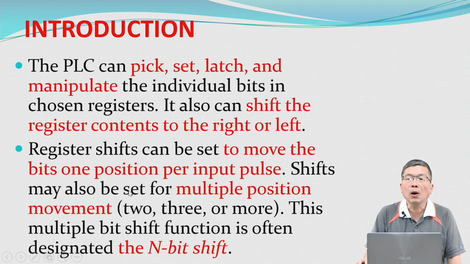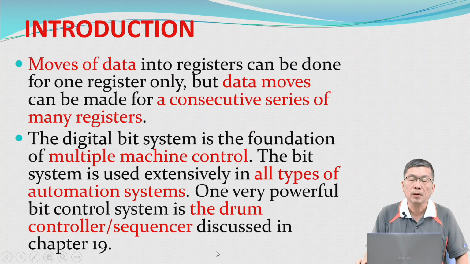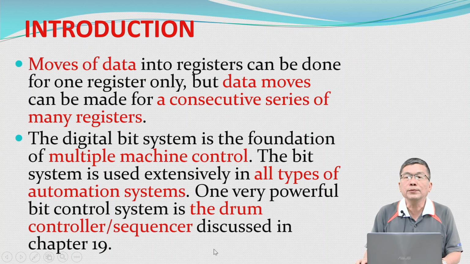Shifts may also be set for multiple position movement, 2, 3, or more. This multiple bit shift function is often designated the n-bit shift. Moves of data into a register can be done for one register only, but data moves can also be made for a consecutive series of many registers.